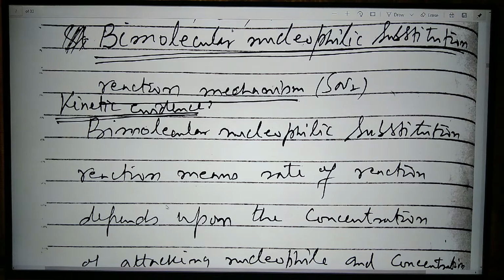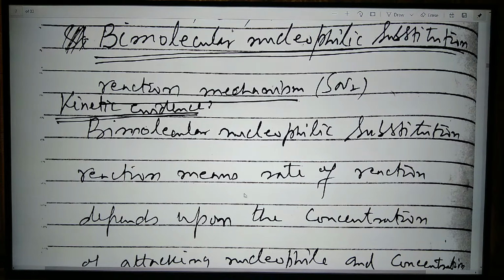Today we will discuss the bimolecular nucleophilic substitution reaction mechanism, the SN2 reaction. Bimolecular means that is two molecules. Previously we have already studied the SN1, where the rate of reaction depends only on the substrate.